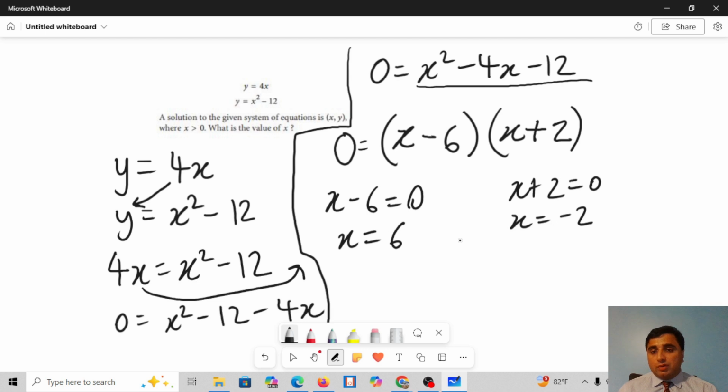Now, I said that the sum of the roots is indeed equal to positive 4. However, as far as the shortcut is concerned, these two numbers added together have to equal the coefficient, which is negative 4. So we decide the signs such that negative 6 plus 2 equals the coefficient, negative 4.